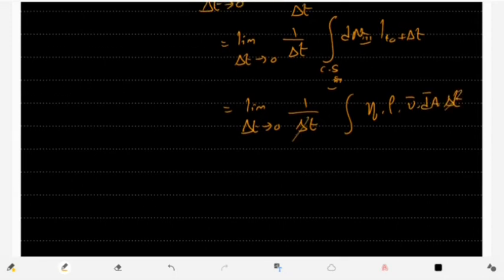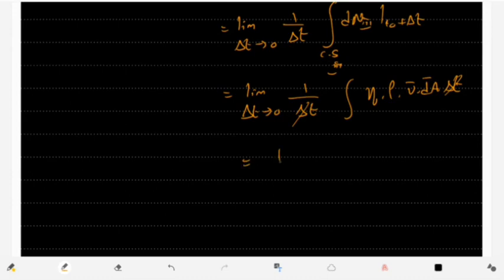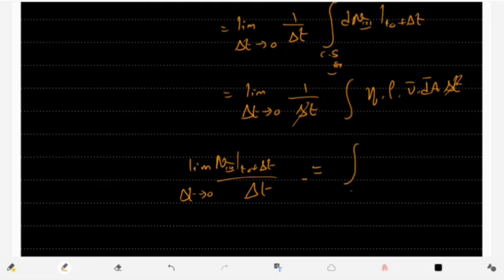This delta t and this delta t will cancel over here, sorry, as there is no delta t, it is simply equal to the limit of N3 at t naught plus delta t by delta t equals integral of control surface 3 eta into rho into v bar dot dA bar.